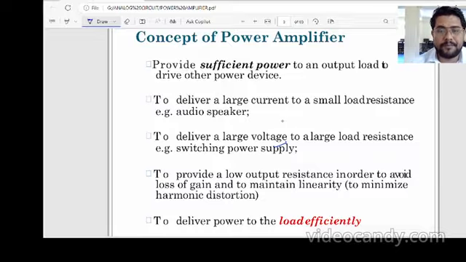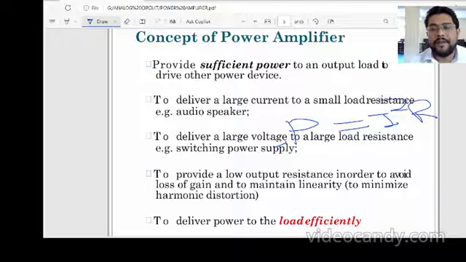P is power, P equals I squared R. If the current is large, then the power must be large.